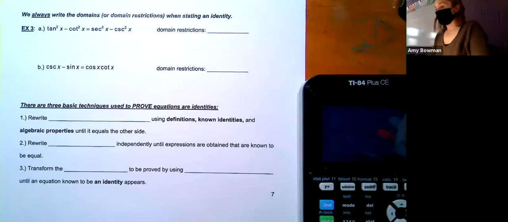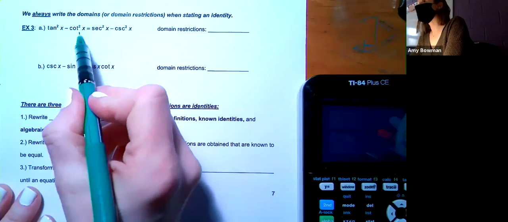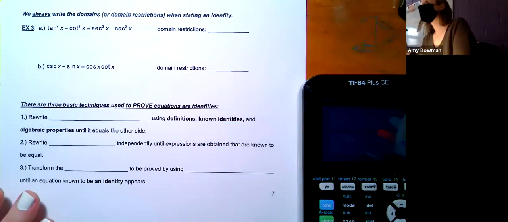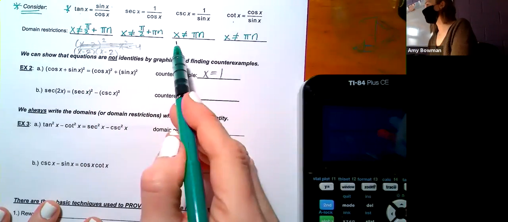So when you're looking at something like this, and we're proving to see if this really equals this, I would start breaking it down in terms of sine and cosine. And then when everything's in terms of that, you can very easily, like we did up here, state the domain restrictions, okay? So tangent squared, how can I rewrite that in terms of sine and cosine?